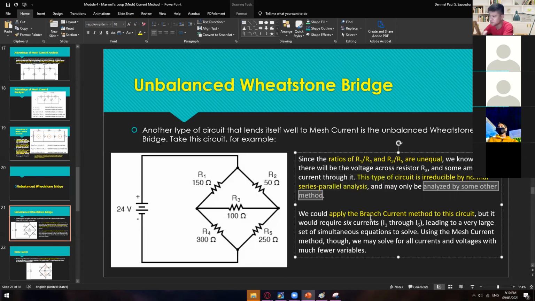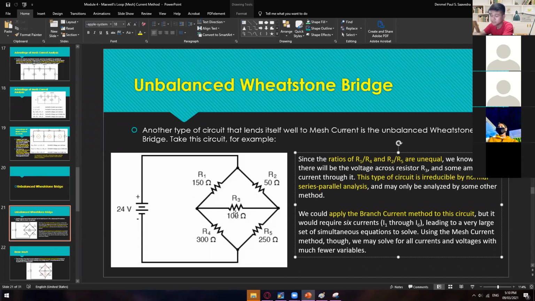So what are those methods? For example, the one that we are having right now, the mesh analysis, or the branch current method. But it would require 6 currents, so I1 through I6, leading to a very large set of simultaneous equations to solve. So using the mesh current method, though, we may solve for all currents and voltages with much fewer variables.